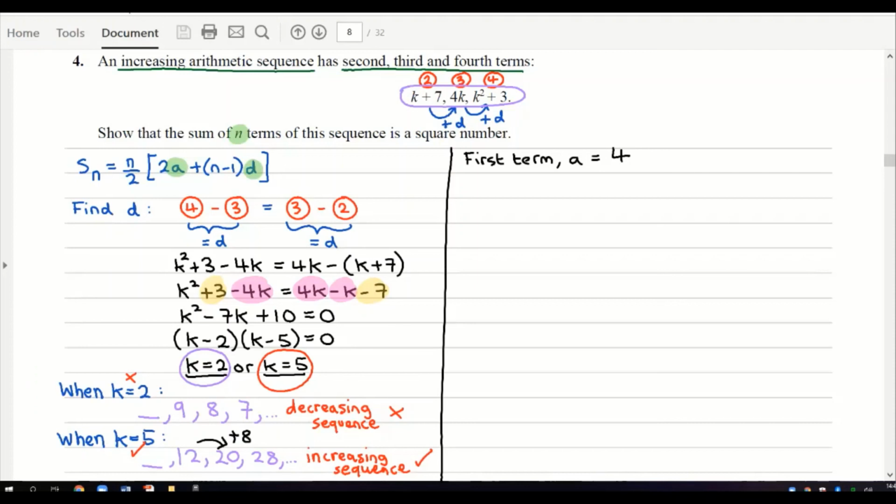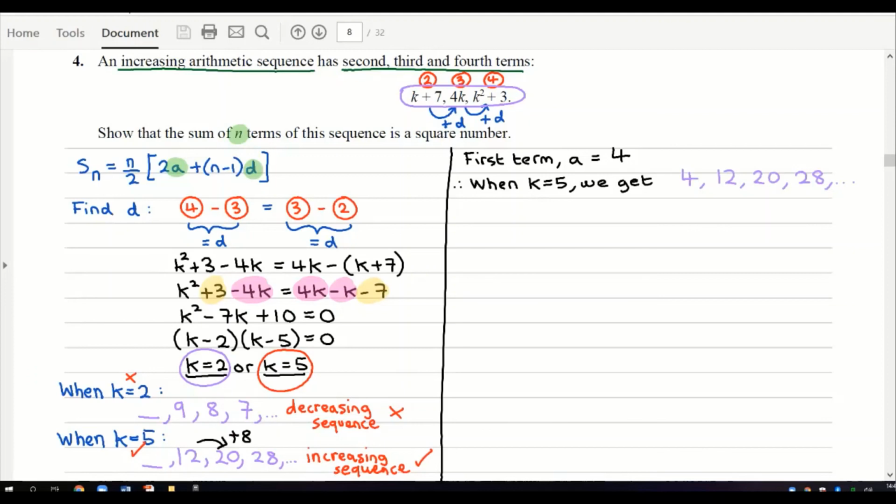So therefore, when k equals 5, we get this sequence. I'll write it in a different color. So we get 4, 12, 20, 28, and so on and so on.